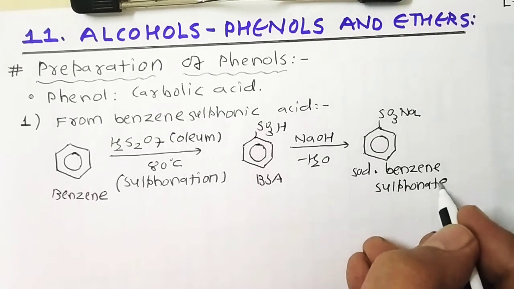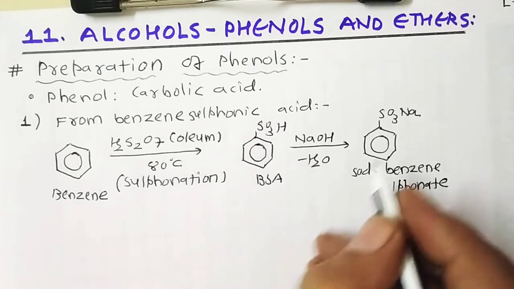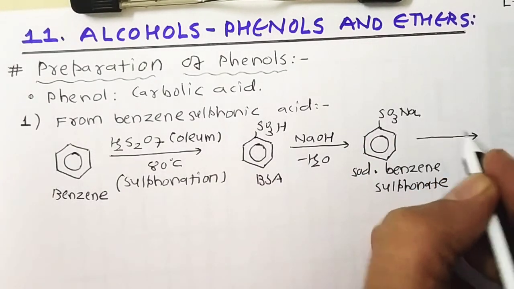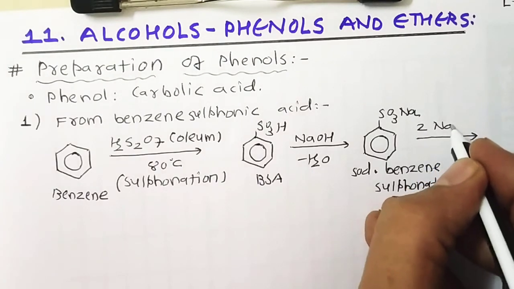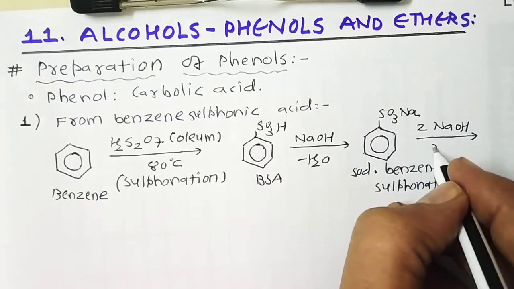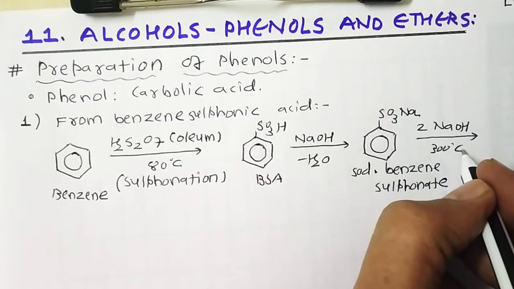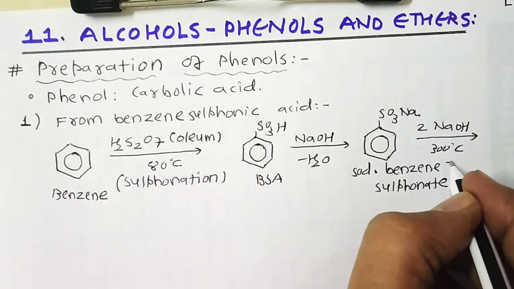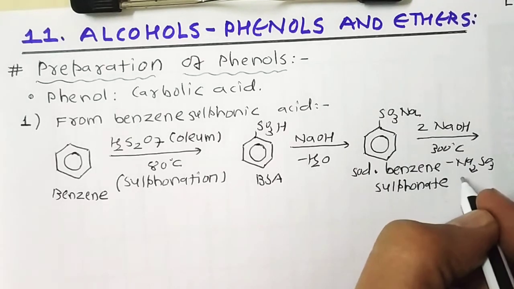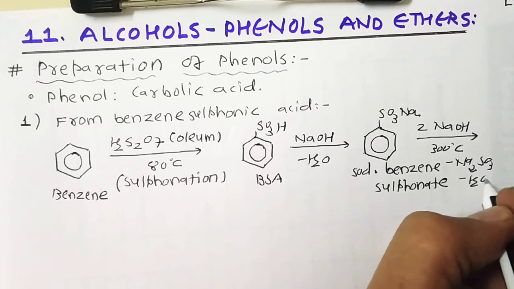This sodium benzene sulfonate further reacts with 2 mole of NaOH near about 300 degrees centigrade, almost 573 Kelvin. So there is removal of Na2SO3 and removal of water.